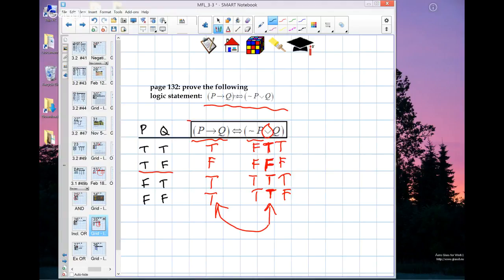When you have this symbol. Isn't that the circle with the cross in the middle, or am I getting it? No, that's the exclusive OR. Oh, exclusive. Okay, my bad. That one's exclusive. This one is inclusive.